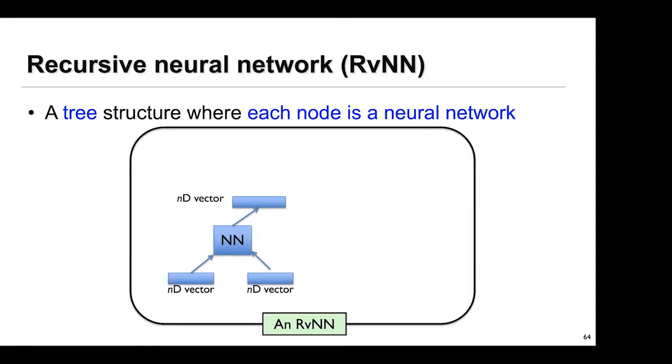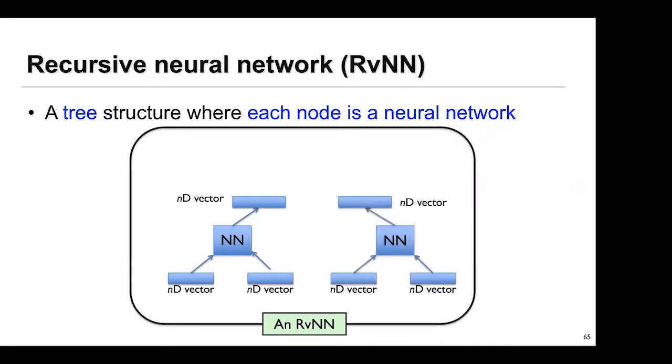So here you see one neural network that takes two n-dimensional vectors to produce another n-dimensional vector, and then you have another sibling network, and then the two outputs can be fed into a neural network. And then actually each one of these neural networks is the same, it has the same parameters, right? And the network is trained to perform certain tasks with the same network at each node.